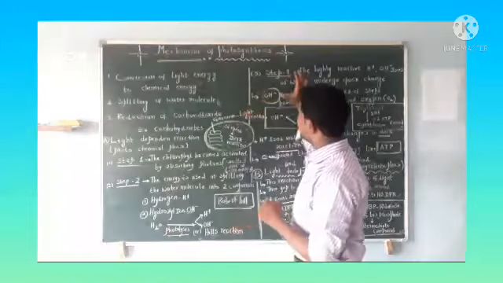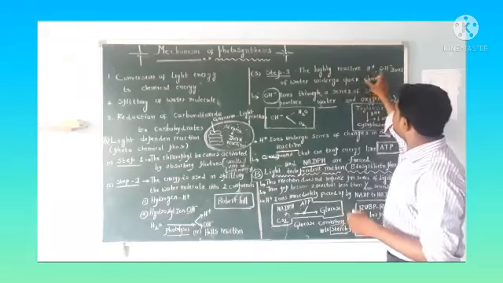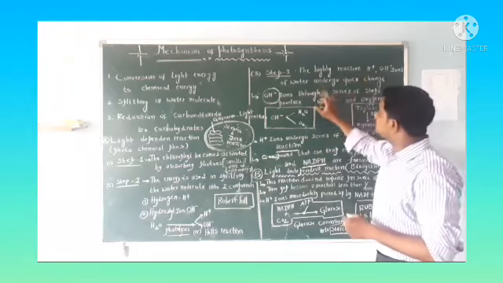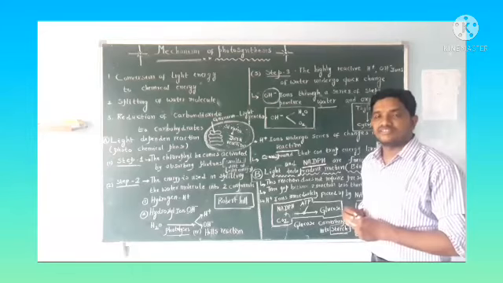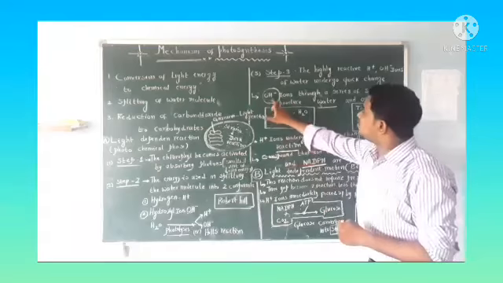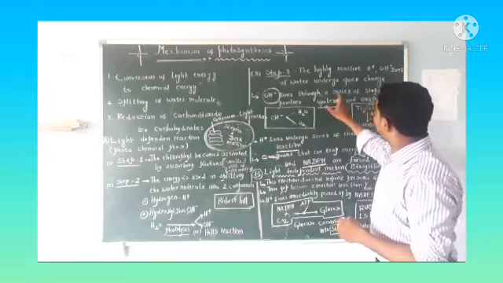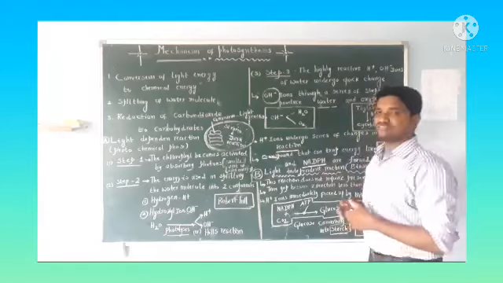Now step number 3. The highly reactive H+ and OH- ions of water undergo quick changes into another form. OH- ions, through a series of steps, produce water and oxygen.